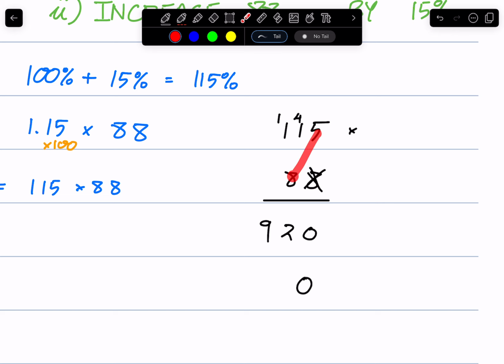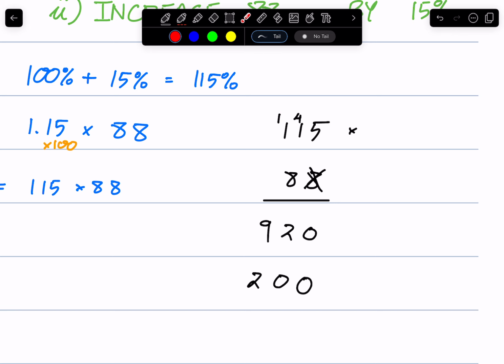5 times 8 is 40. It's the same number here, so 40. 1 times 8 is 8 plus the 4 gives us 12. Carry the 1.